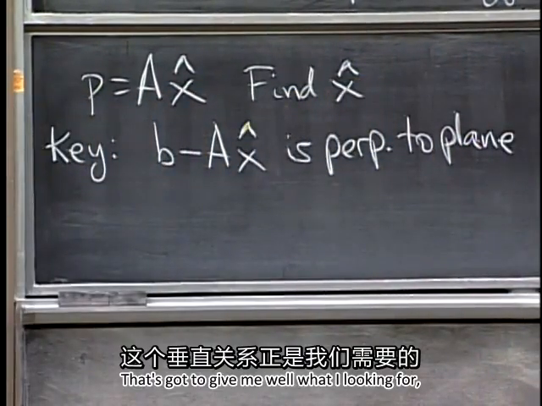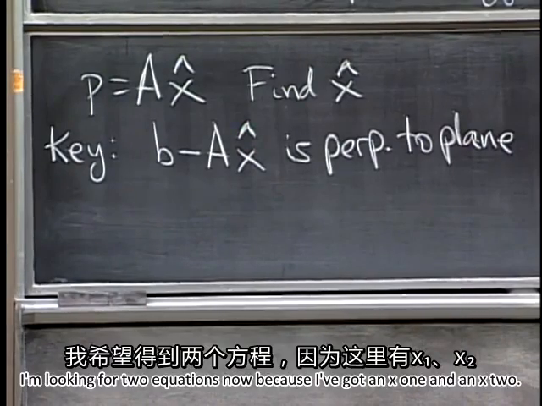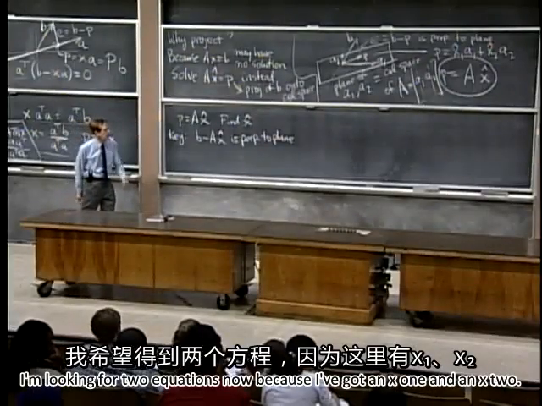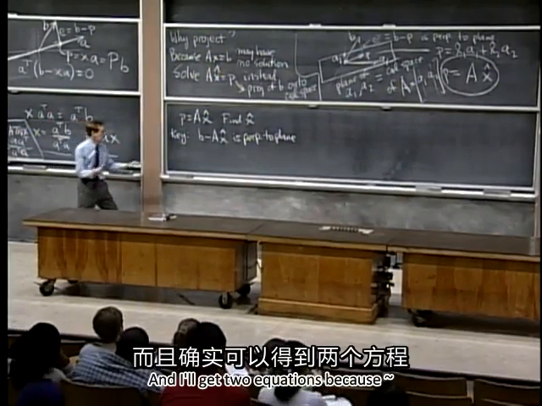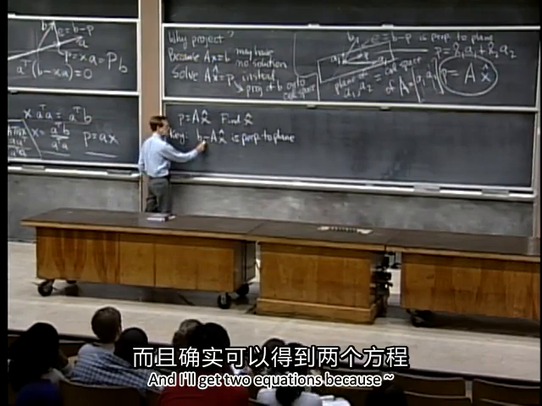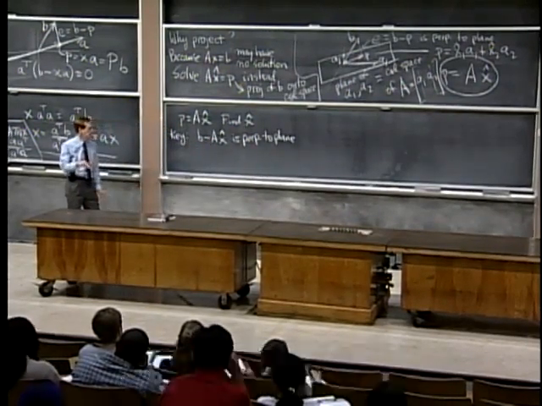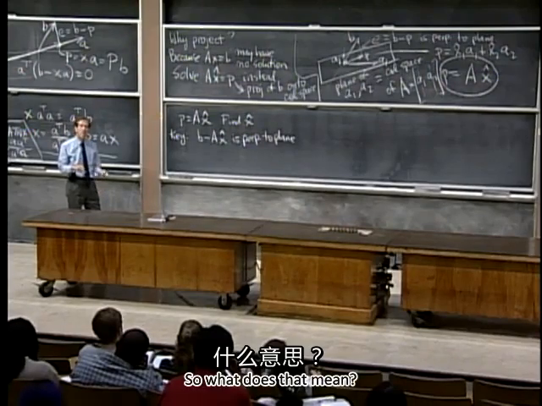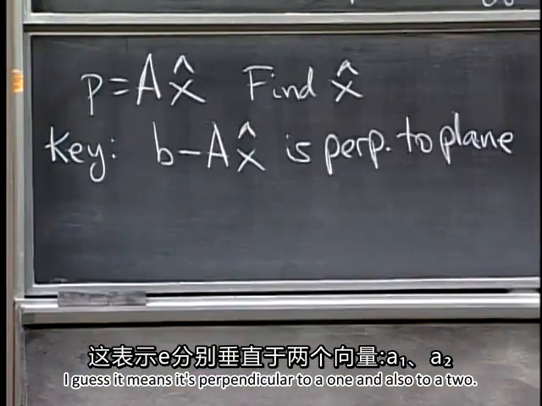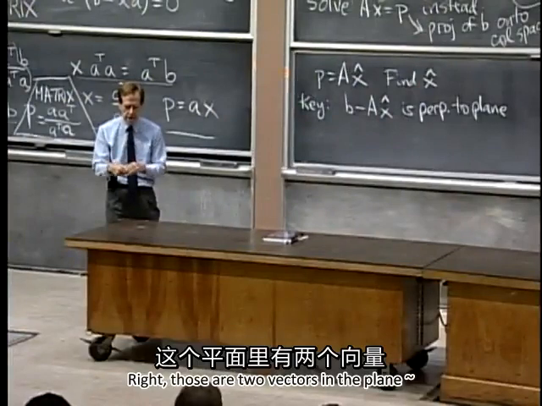That's got to give me, well, what am I looking for? I'm looking for two equations now, because I've got an x1 and an x2. And I'll get two equations, because this thing, E, is perpendicular to the plane. So what does that mean? I guess it means it's perpendicular to A1 and also to A2, right? Those are two vectors in the plane.